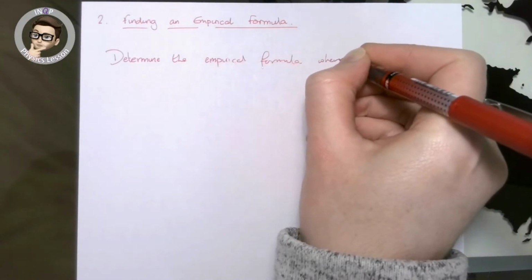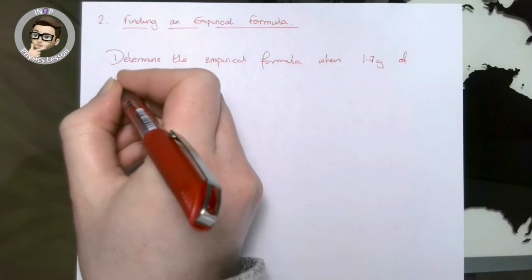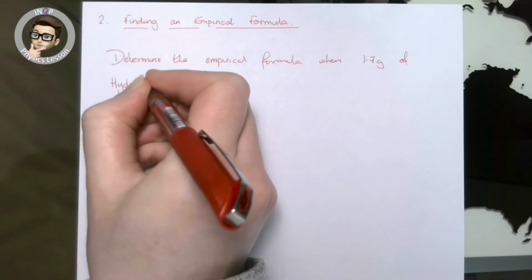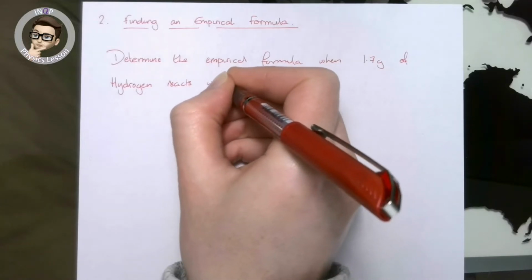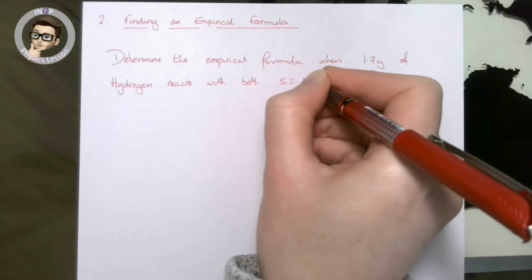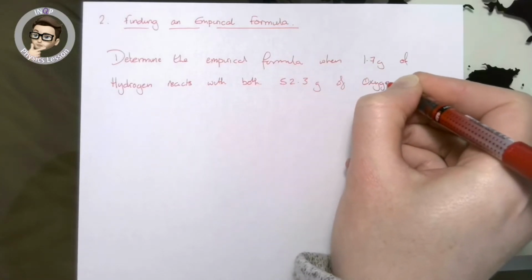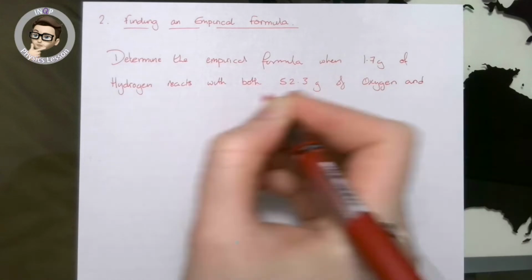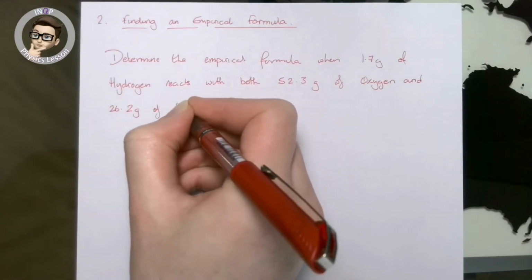when 1.7 grams of hydrogen reacts with both 52.3 grams of oxygen and 26.2 grams of sulfur.